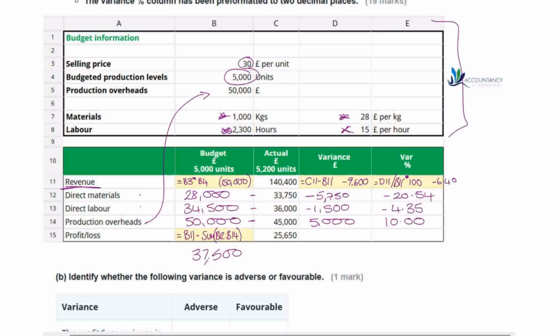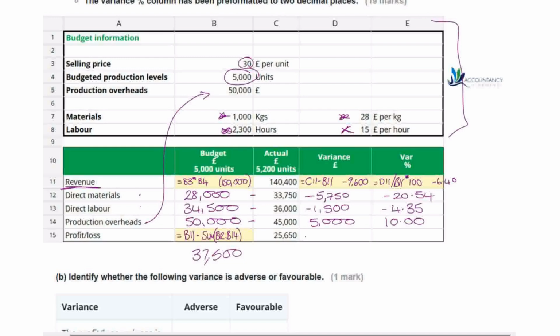And now we need to look at our profit and loss variance. So we then need to look at what is the difference between the two. So our budget was 37,500 and our actual is 25,650. So we're going to do actual minus budget.